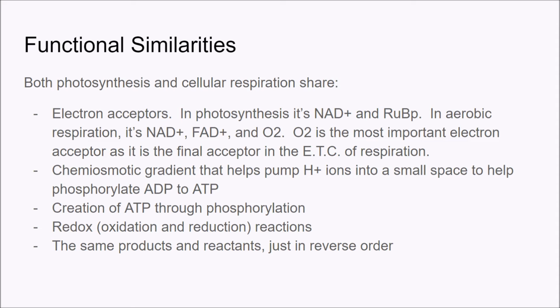Redox is just a way of referring to both oxidation and reduction in a shorter way without having to say oxidation and reduction every single time. They both have these reactions, which are just popping electrons off and putting them someplace else, usually onto an electron carrier like NAD or FAD, so that those can be carried to the electron transport chain and power the pumping of hydrogens to create a chemiosmotic gradient to phosphorylate ADP.